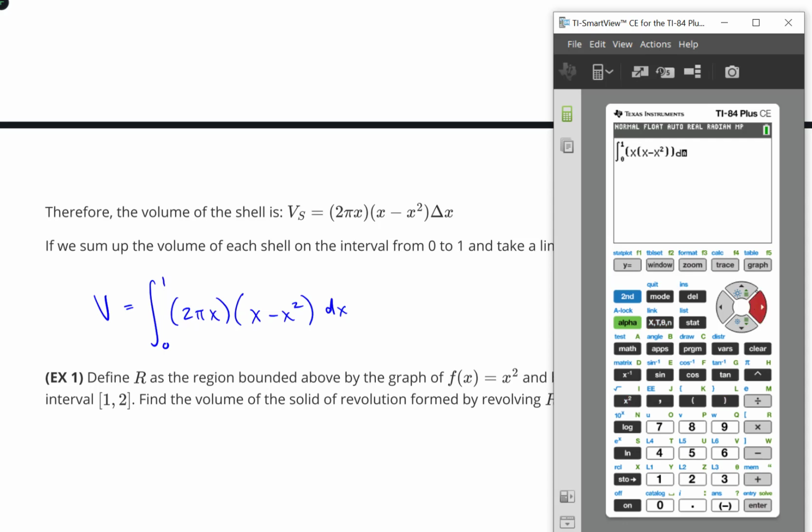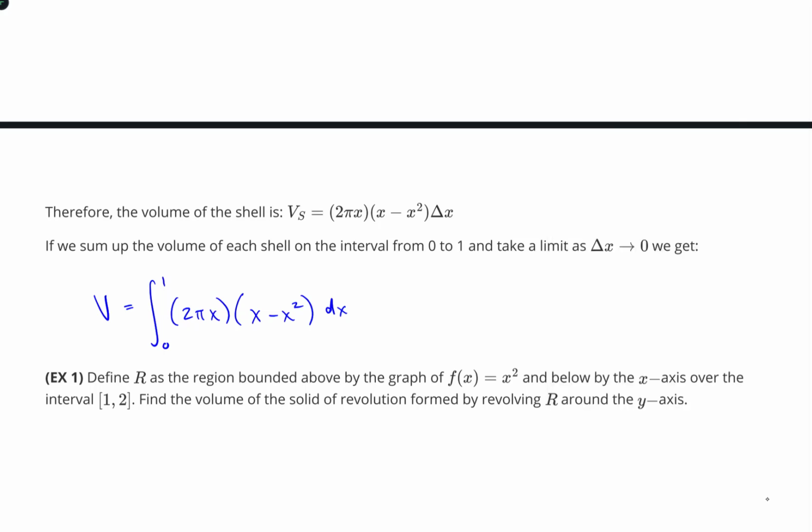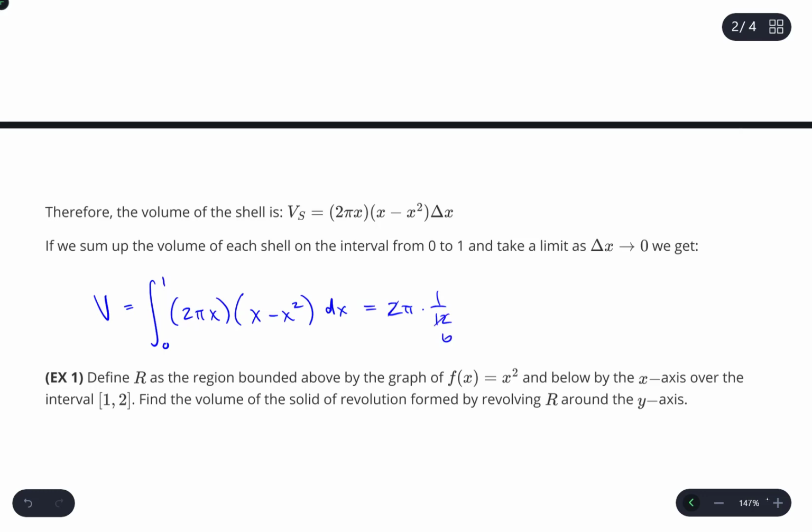Or certainly I could have just distributed the x into these parentheses. It doesn't really make a whole lot of difference. But that gives me this, which works out to 1/12. Remember, I took the 2 pi out, so I have 2 pi times 1/12. 2 goes into 12 6 times, so that gives me a total volume of pi over 6.